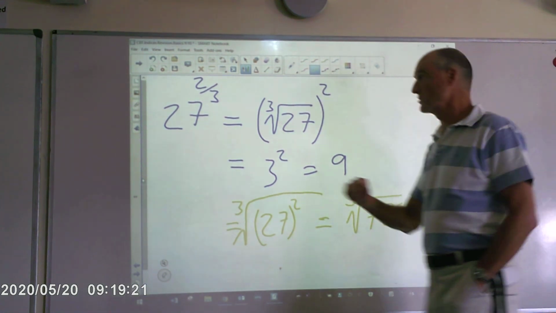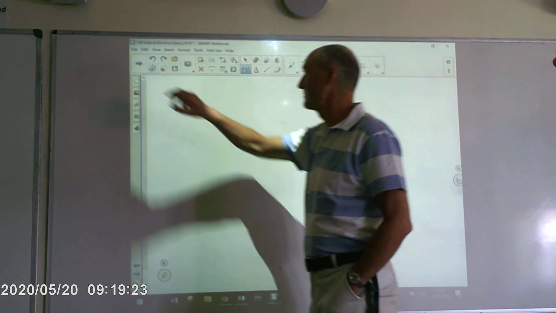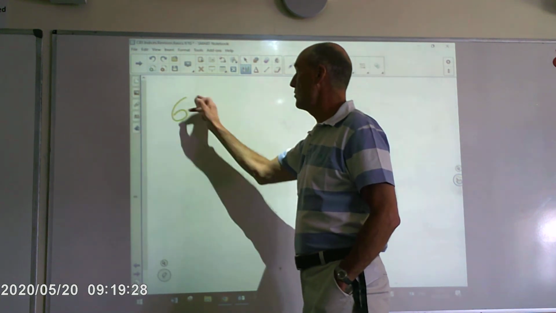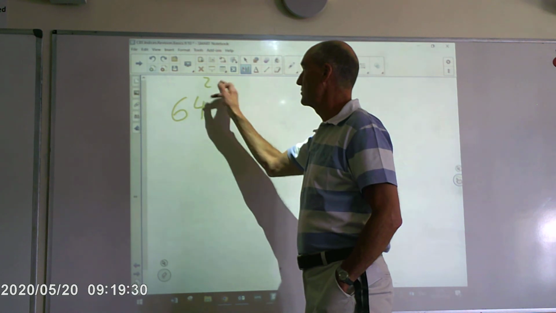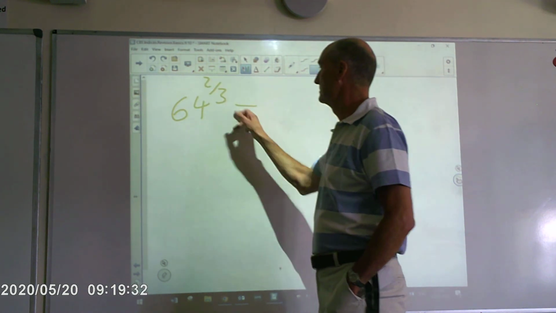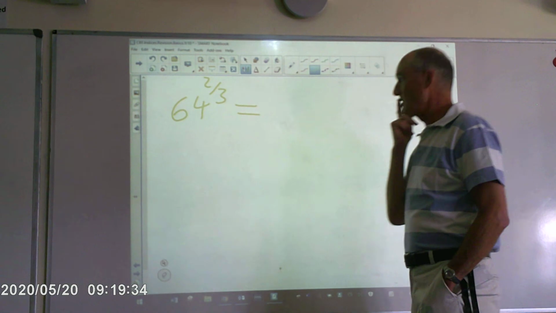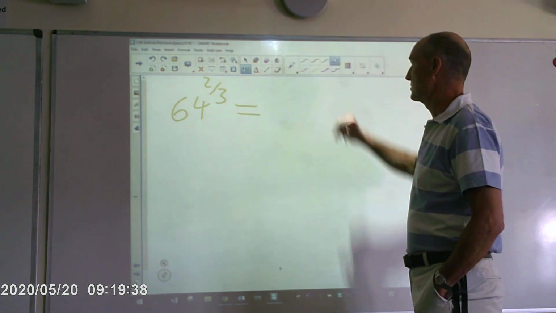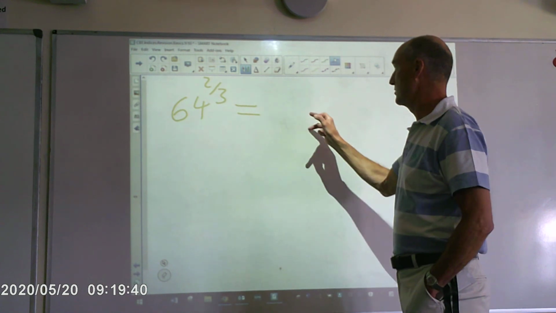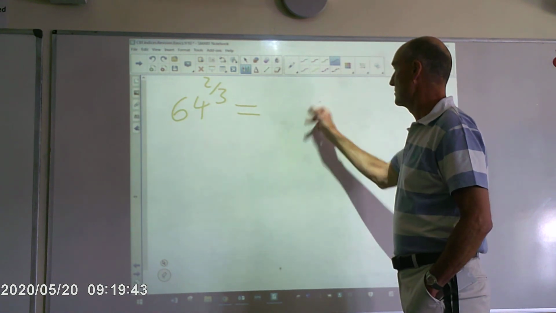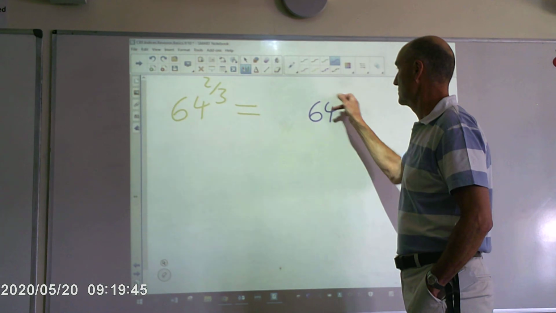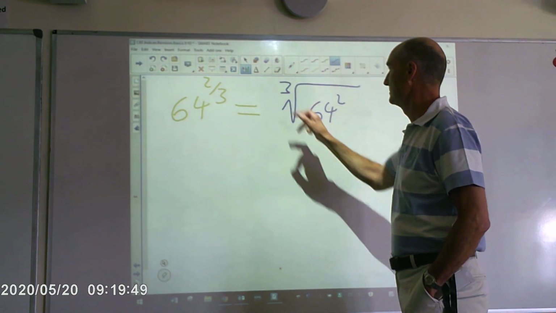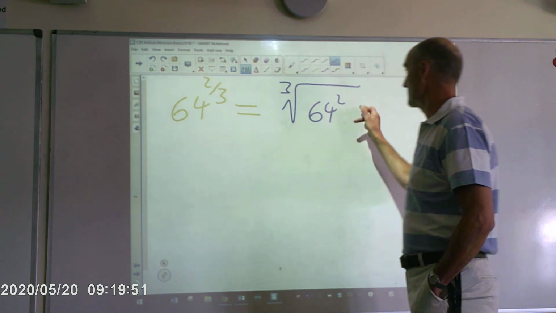So I'll give you another example the same as that, or very similar. So 64 to 2 over 3. You can do it 2 different ways. We could say 64 squared and then take the cubed root of all of that. What's 64 squared?